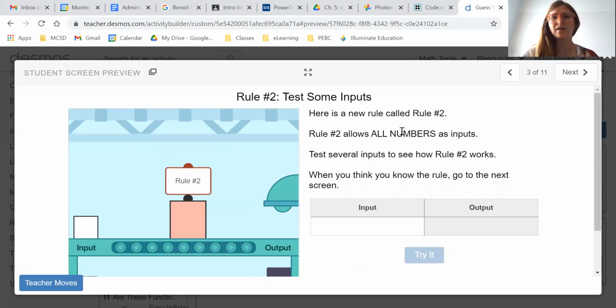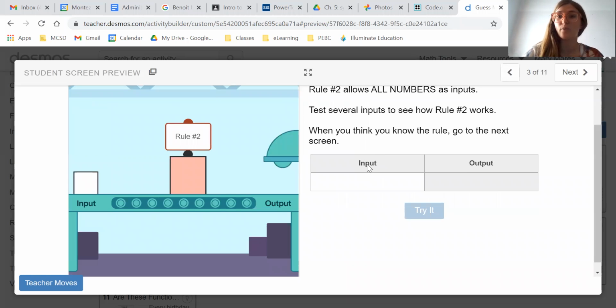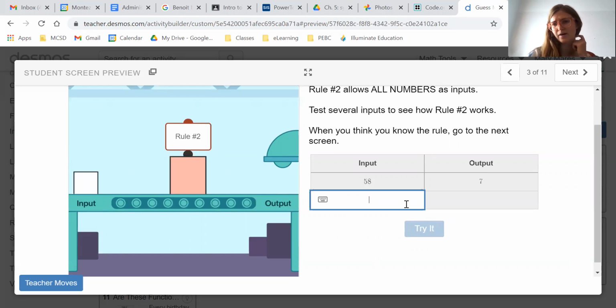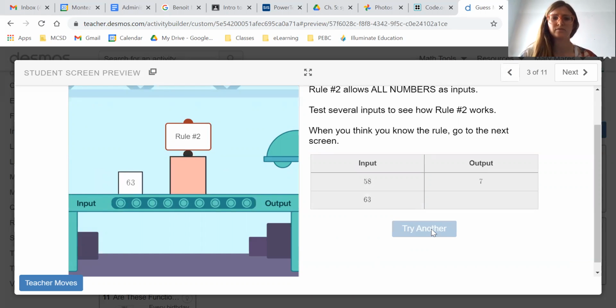Next, now I have a new rule. All numbers can be put in as inputs. I'm going to test a few of them and see if I can figure out what my rule is. So I'm going to put in 58, and out comes 7. I'm going to try another one. How about 63? And again, it's 7.